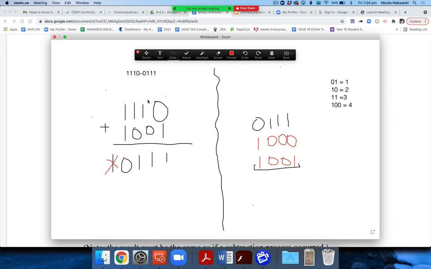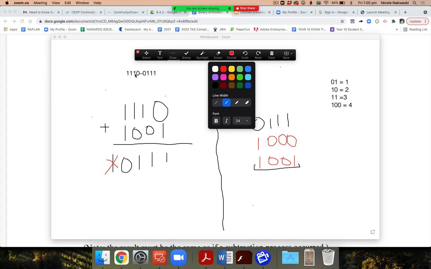If I end up with 9 bits and I only started with an 8-bit number, or 5 bits and only a 4-bit number to start with, I just get rid of the carry bit on the left. So the answer for this question, 1, 1, 1, 0 minus 0, 1, 1, 1, is 0, 1, 1, 1.